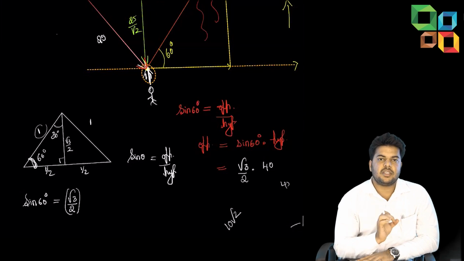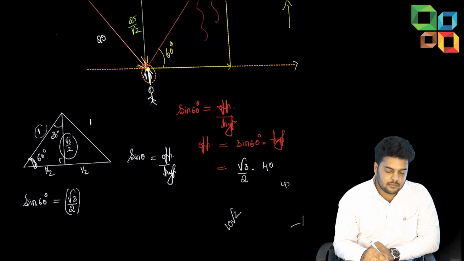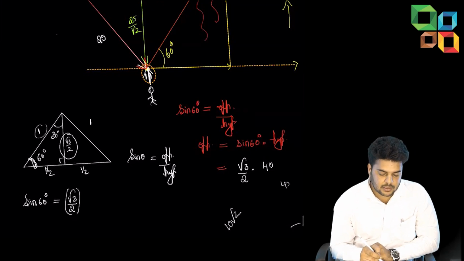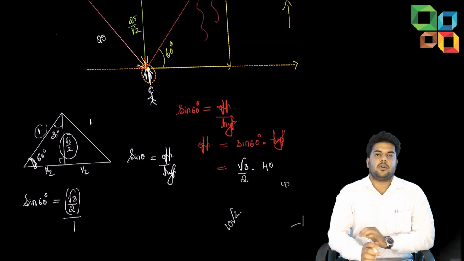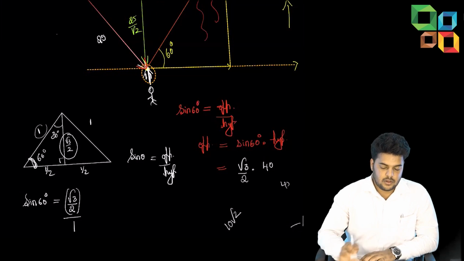Here I'm asking what is on the opposite side. The side length on the opposite side is root 3 by 2. Divide that length by 1, which is the hypotenuse. Is that okay? You'll get familiar with this. Don't worry.